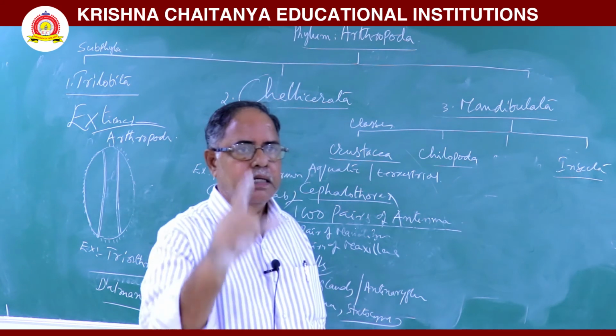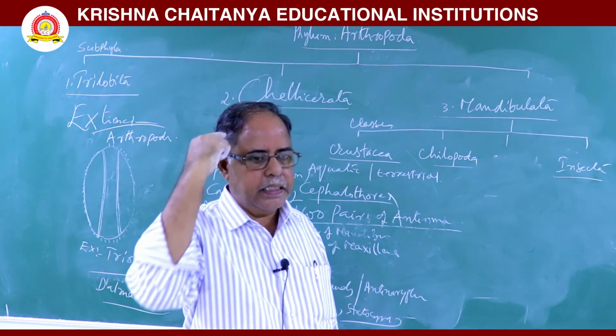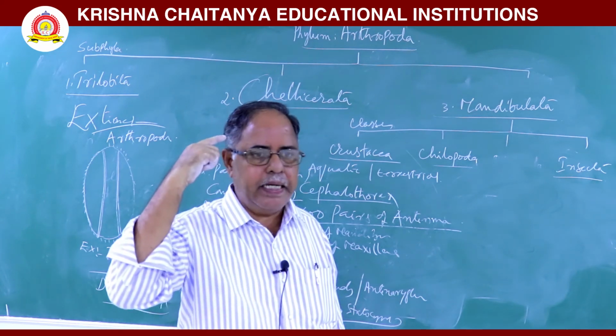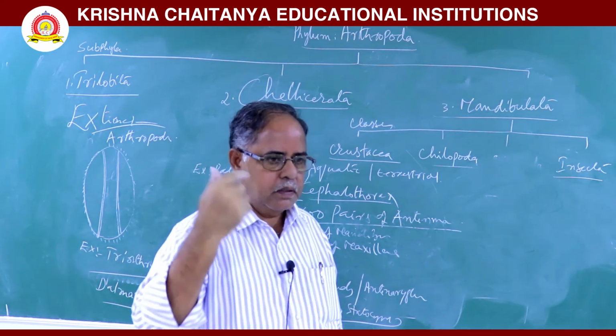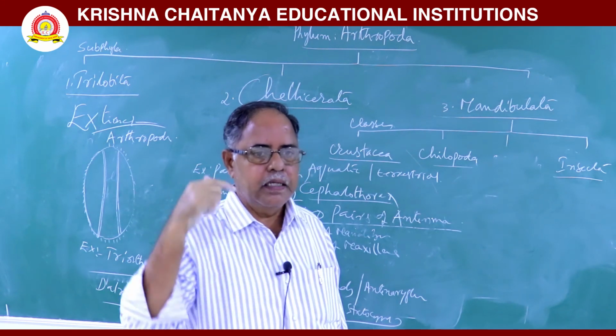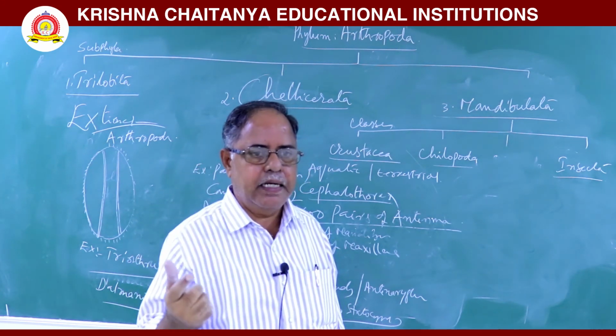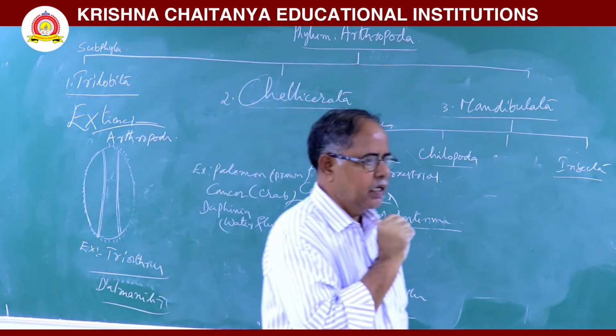The body is divided into three parts: head, thorax, and abdomen. The head bears paired compound eyes or ocelli, paired antennae, paired mandibles, paired maxillae, and an unpaired labium.